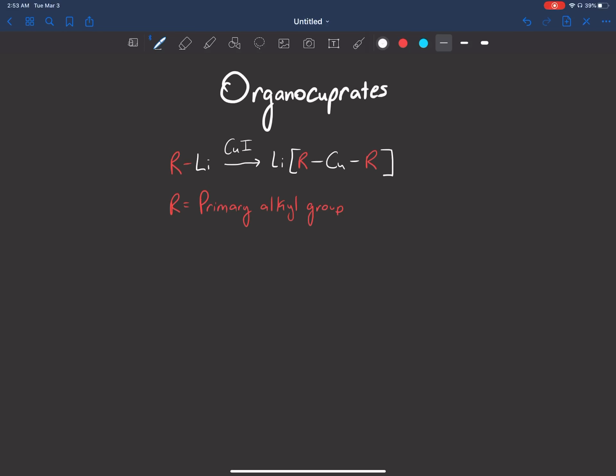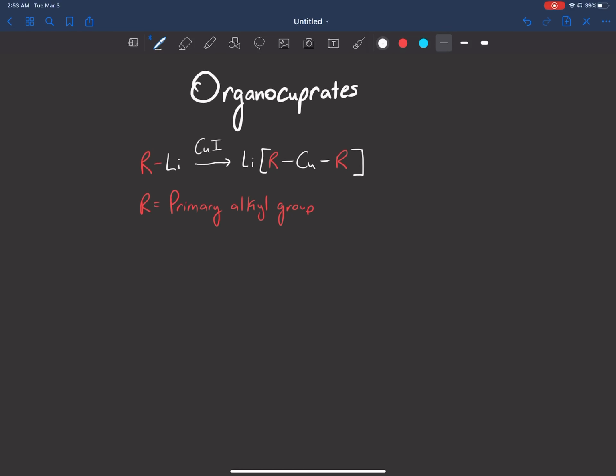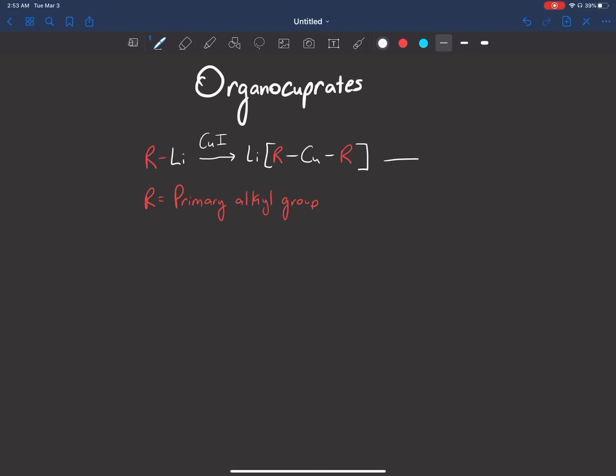And so what happens is two of these compounds, the alkyl group connected to the lithium, both of those R groups from two compounds bind to our copper and our iodine leaves. All right. And so this entire part gets a negative charge, and the lithium has a positive charge, and so they balance each other out. Now the next step, let me just move this stuff over.